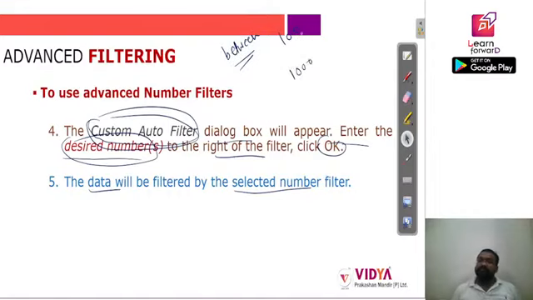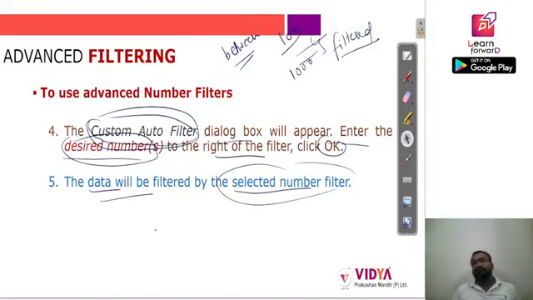So the orders which have the amount greater than 100 and less than 1000 would be filtered out, and we will get the data filtered with the help of this selected number. Clear?